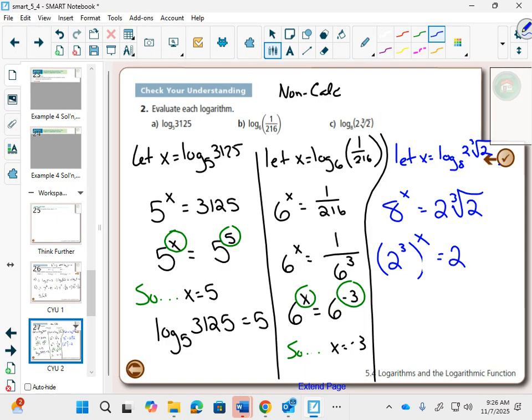And what can I do with the cube root? I can make that 1/3. And now we have to use all of our exponent laws until we get one power on both sides with the same base. What's the exponent law for a power to a power?